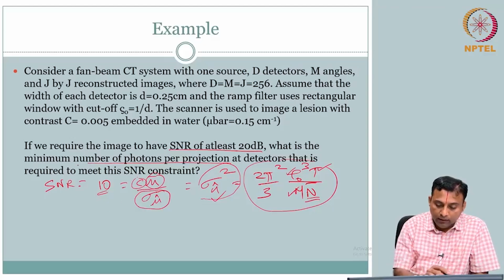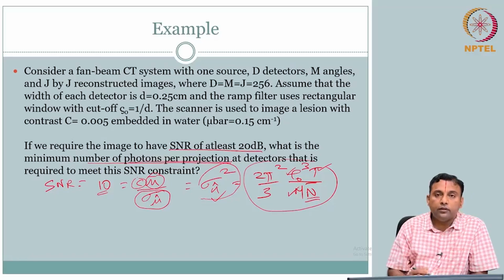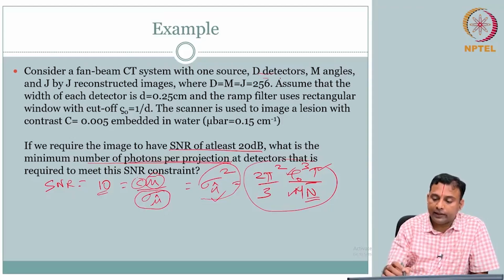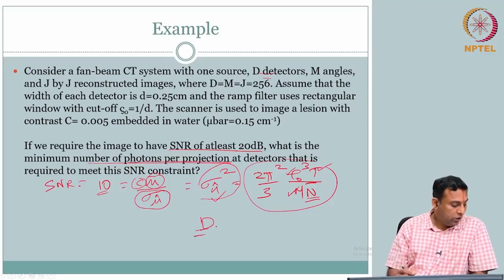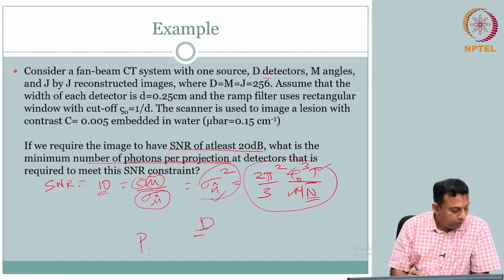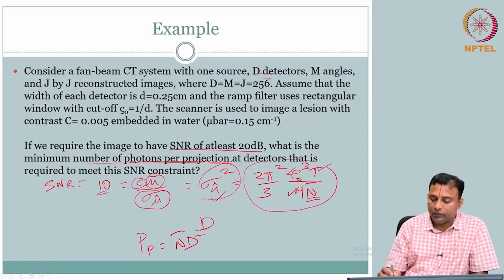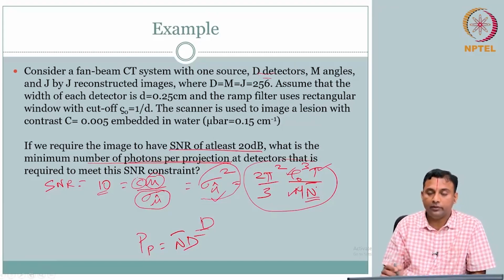photons per projection, per projection. So if I have D detectors, then I will have to multiply with the D. For one projection, if I get N, then I have to multiply with D. So you can actually work that photons per projection is N dashed into D. N dash you can get from here.